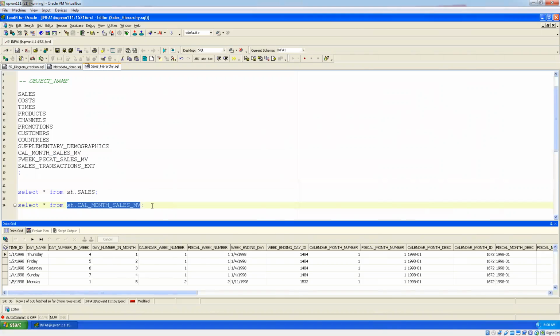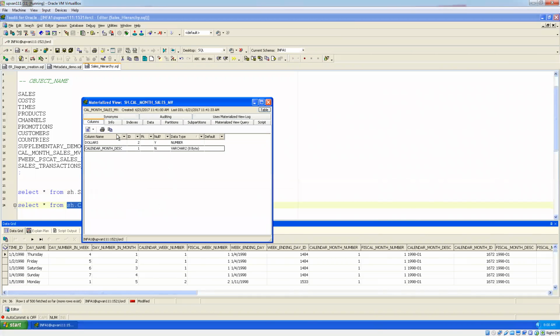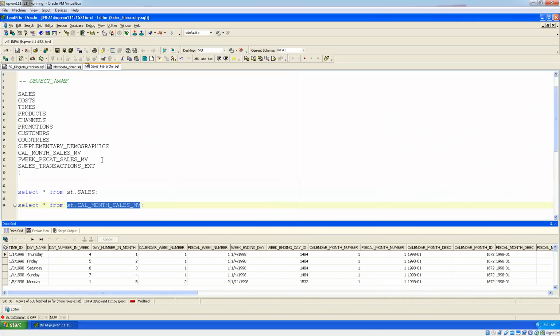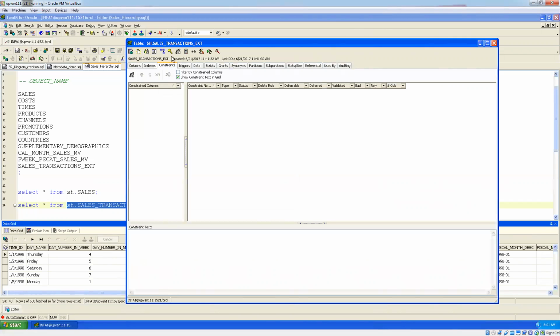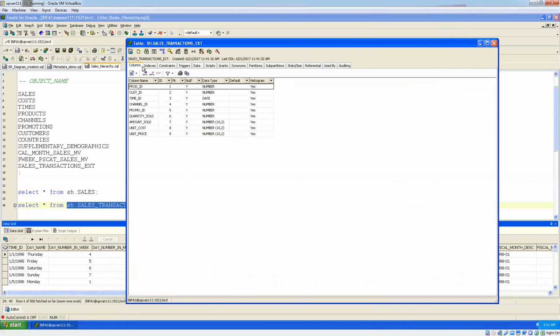Let's look at this. It's not a table, it's a view, and we will not discuss views right now. This one is also a view. This here is a table having no constraints.